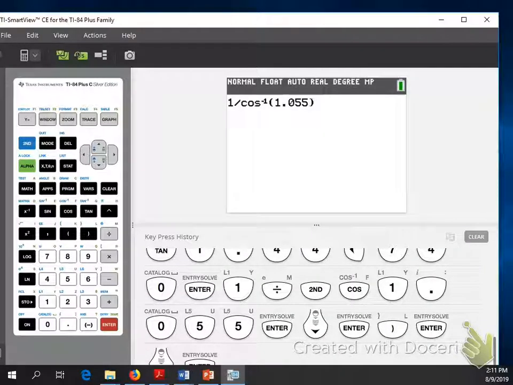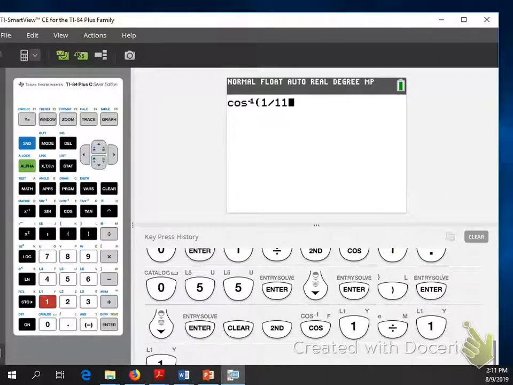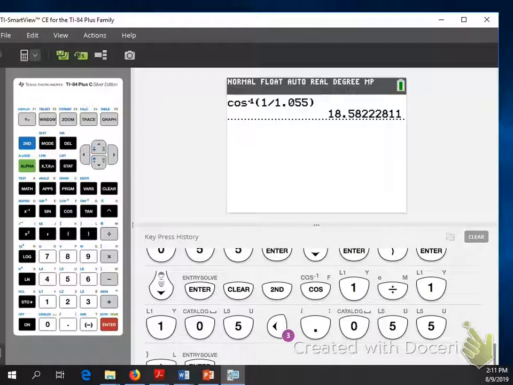Typed this in all wrong, is what I did. So we go inverse cosine of 1 over 1.055. Sorry. Okay? And get 18.6 degrees.